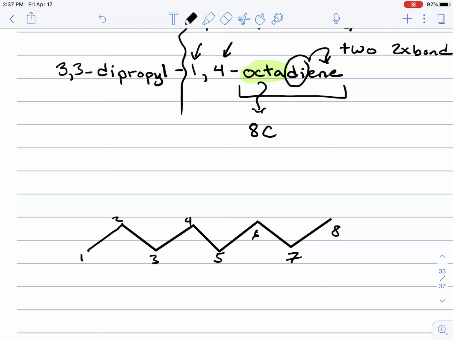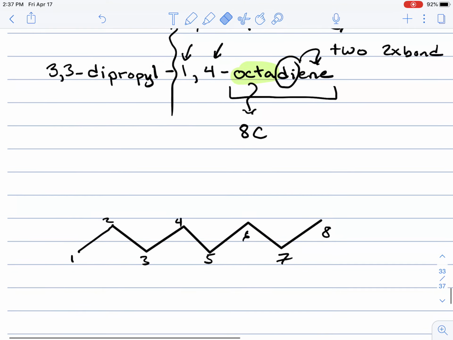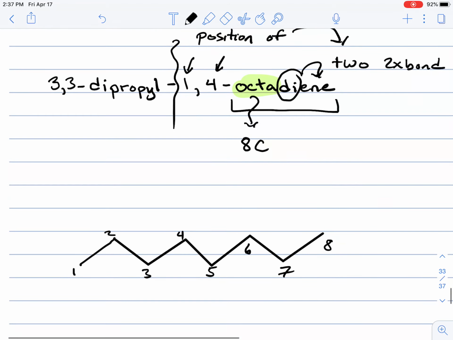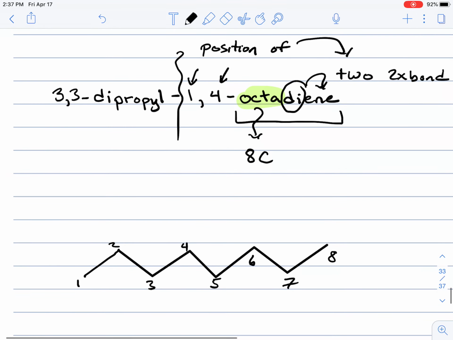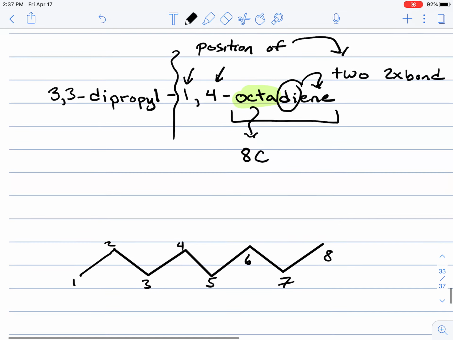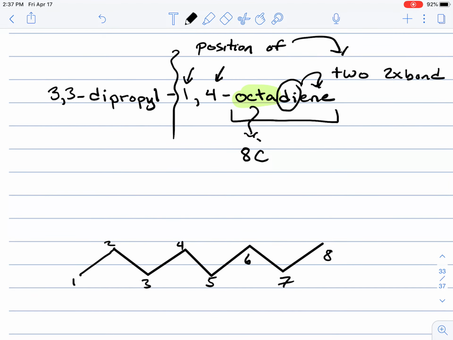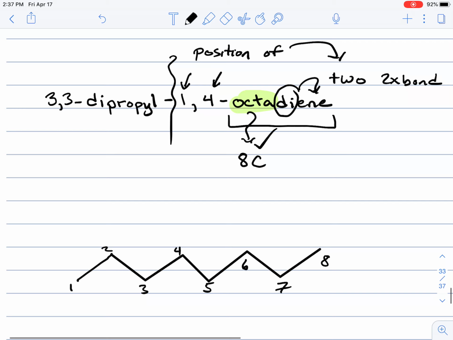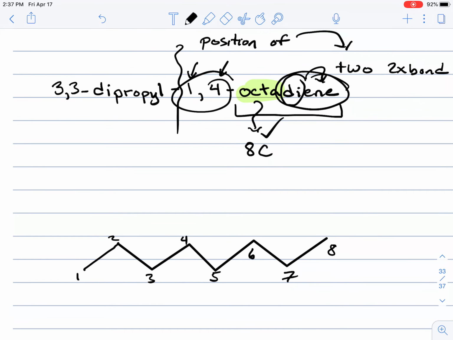And so you can arbitrarily place that number. You can start it from the left or the right. Okay, just make sure you follow through. All right, so here we have octa, so we finished the 8 carbons. Now we need to figure out the diene part. And so it's on 1 and 4.